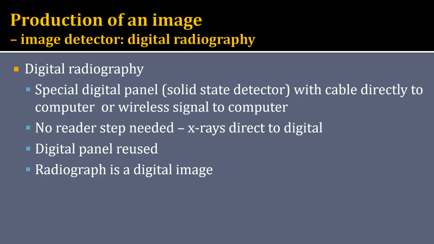Probably the more state of the art, going beyond computed radiography, is digital radiography. How that differs is that there is a special digital panel, which is a solid state detector, that is either directly connected with a cable to a computer or can provide a wireless signal that can be sent to the computer. The big thing about this is that there's no reader step needed.